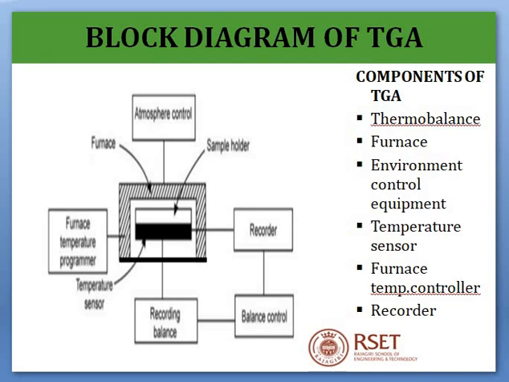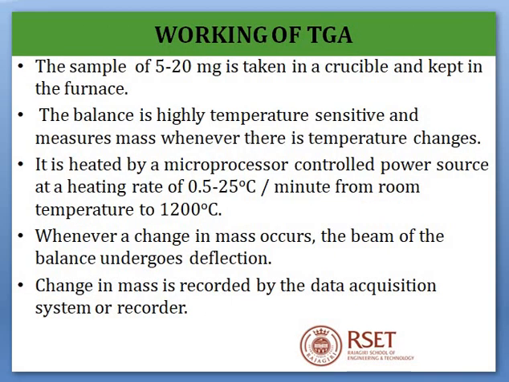Then finally, you are passing the signal to the recorder, and the recorder will plot the mass versus temperature graph. Then next is how this is working. First, we are placing the sample, 5 to 20 milligram, in the sample holder using a silica crucible.